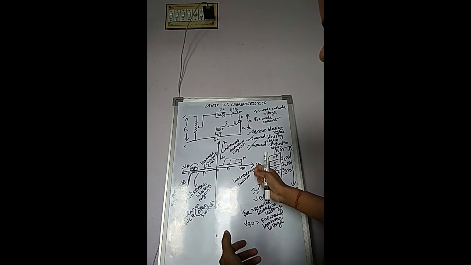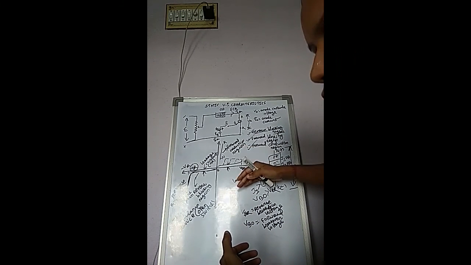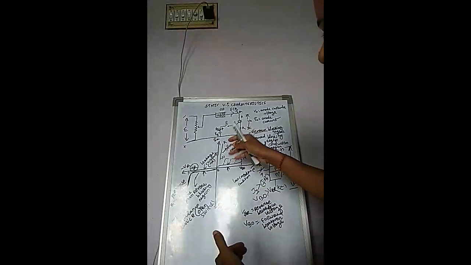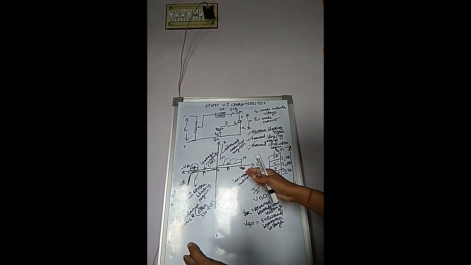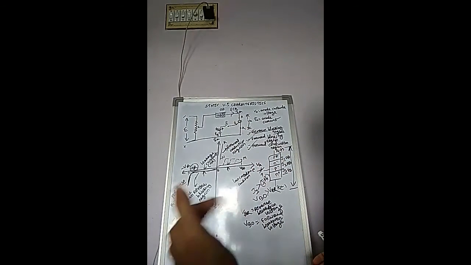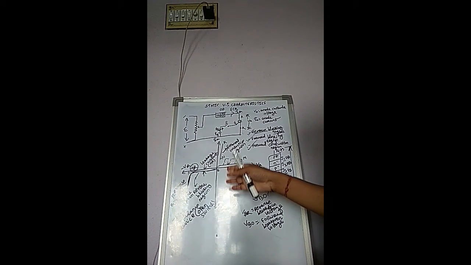So after switching from off state to on state, the voltage drop across this device has jumped from, for example, in case of off state, let it be 100 volt.